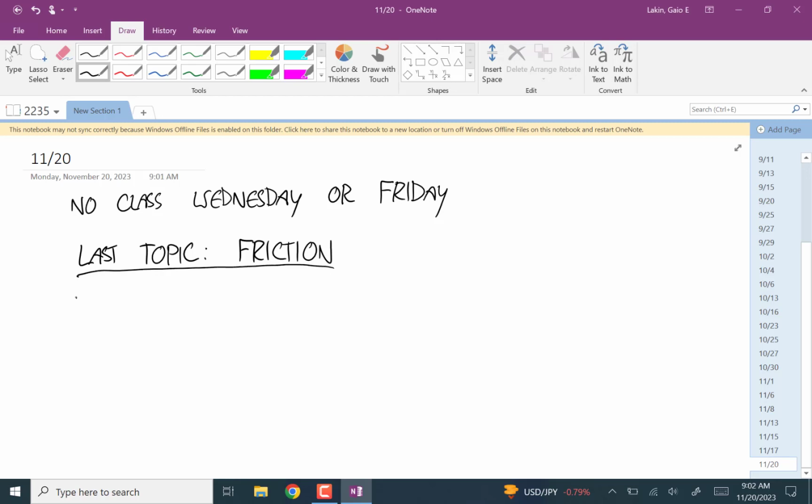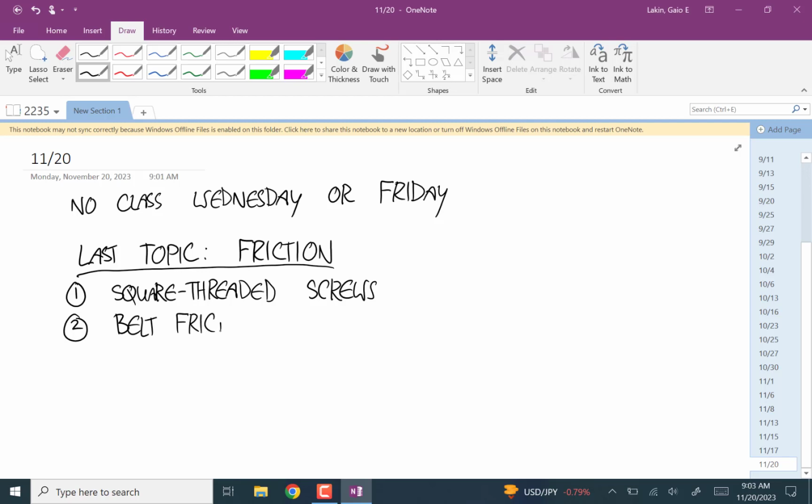And we're going to talk about three types of friction. The first one is square threaded screws. And second is belt friction. And then the third one is bearing friction.